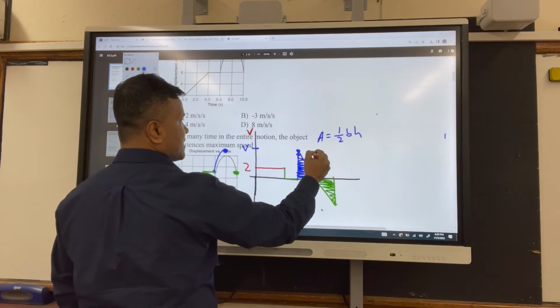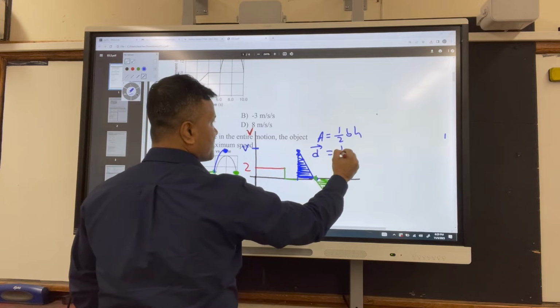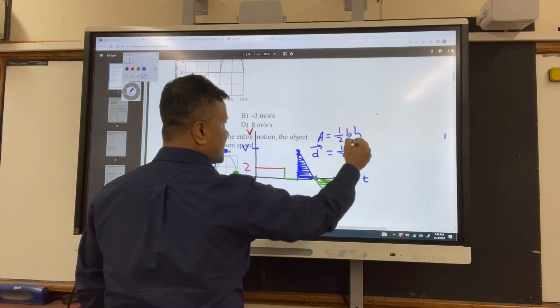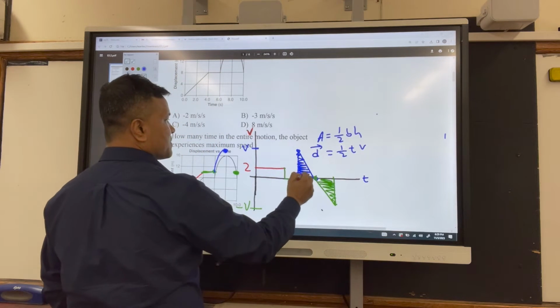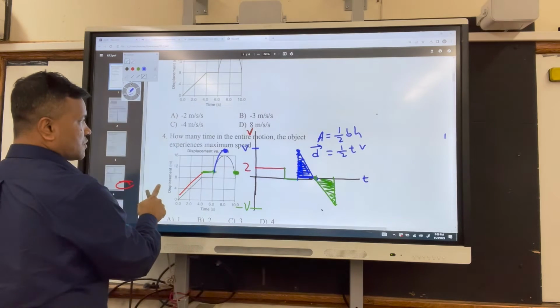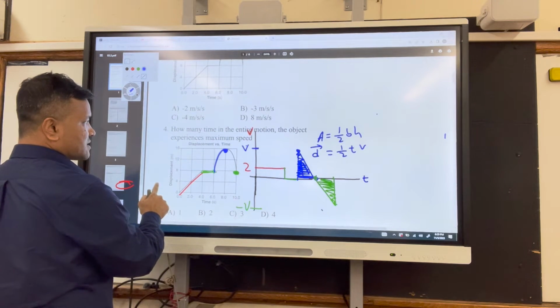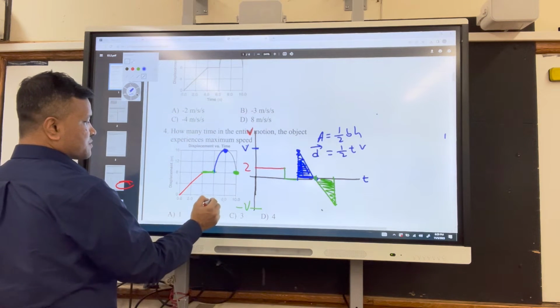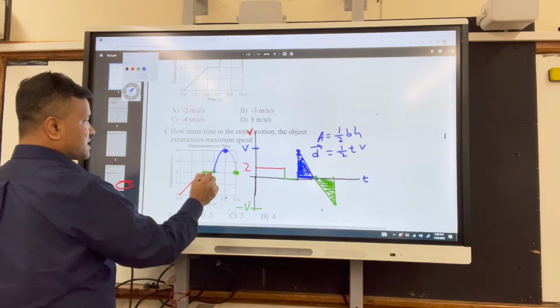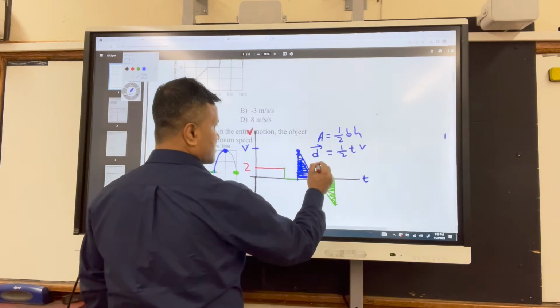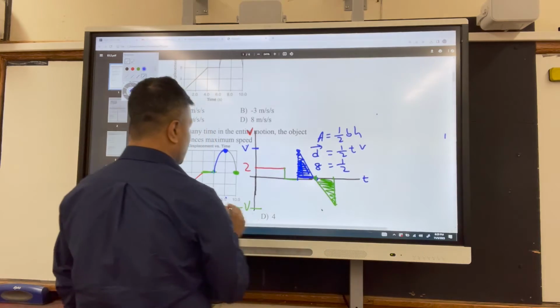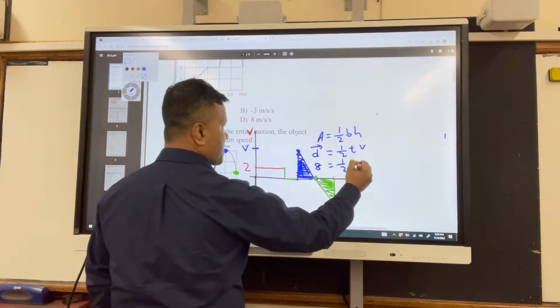So area has a name, displacement; B has a name, T; and H has a name, velocity. Displacement from 6 to 8 is 16 minus 8, which is 8. Half, the 8 minus 6 is 2.